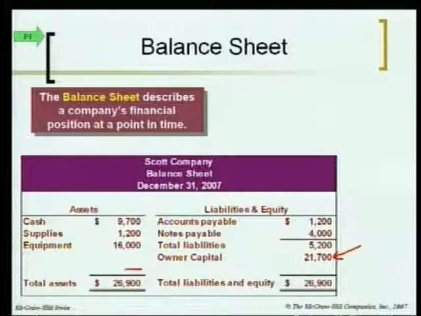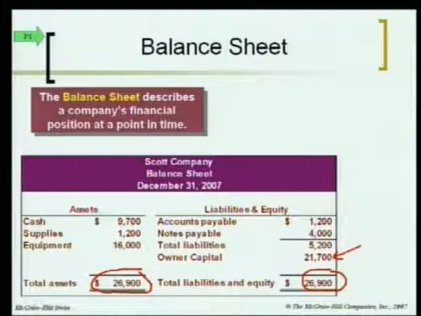Okay. The other thing I want to point out is on this financial statement, I want you to make sure you do this total, and I want to make sure you do this total as well, but the other thing I want to make sure of is that they equal, first of all. But I also want you to label these. Total liabilities and equity. Total assets, okay?